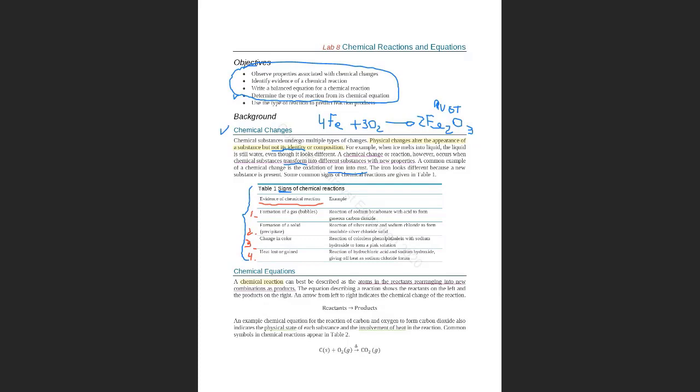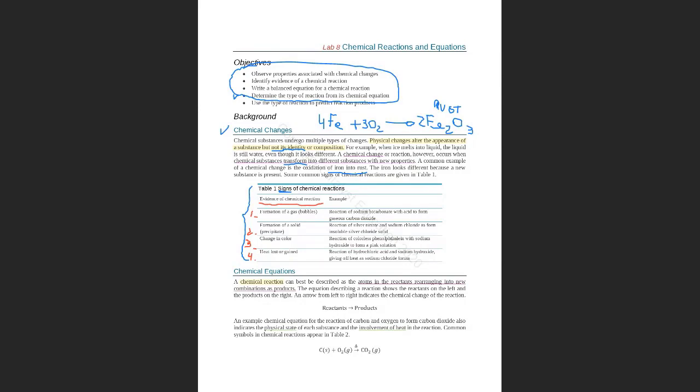But remember that heat lost or gained is a sign that a chemical reaction might have happened. But we cannot say, remember this, that all reactions are accompanied by heat loss or gain.